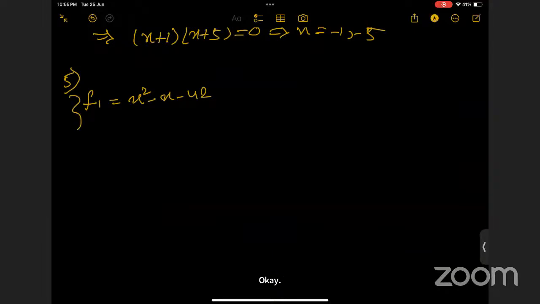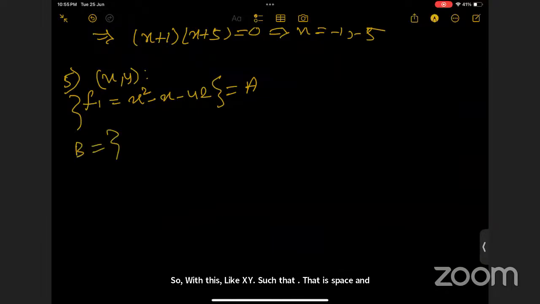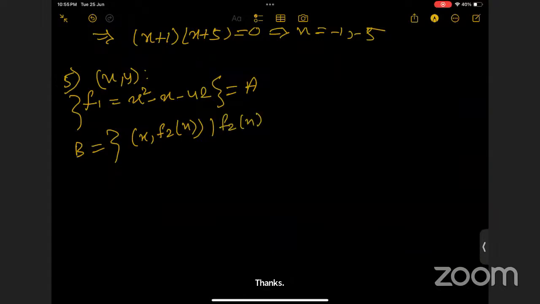So A is the set of x, y such that this satisfies, and B is the reflection of f1. I think it will be a similar problem, with respect to the x-axis.